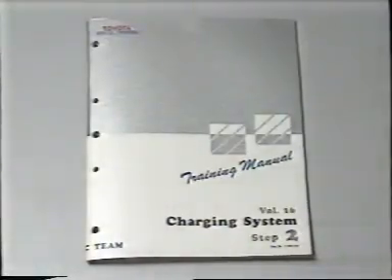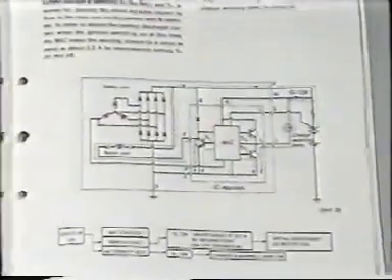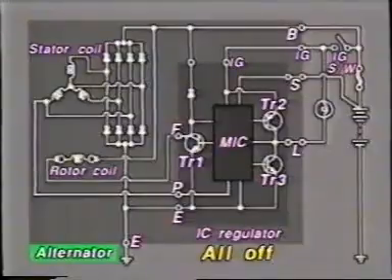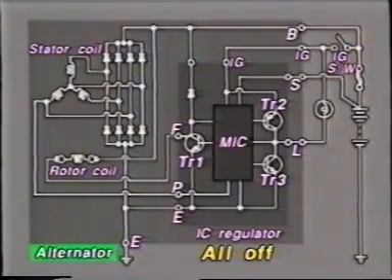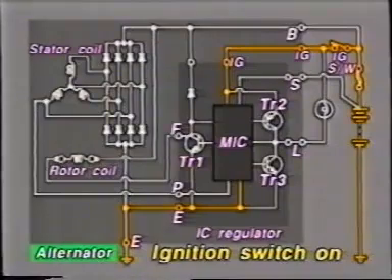Next, we will explain the operation of the charging system using a circuit diagram, focusing especially on the current generated by the alternator and its control by the regulator. When the ignition switch is turned on, current from the battery flows to the IG terminal. The MIC senses this and turns transistor TR1 on.